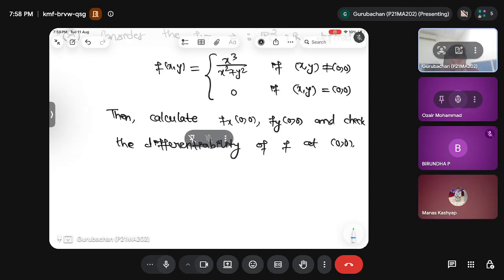This answer is C. Both double partial derivatives do not exist at (0, 0). Okay, sir. Any other doubt? Let me check. Yeah, sir, please check.